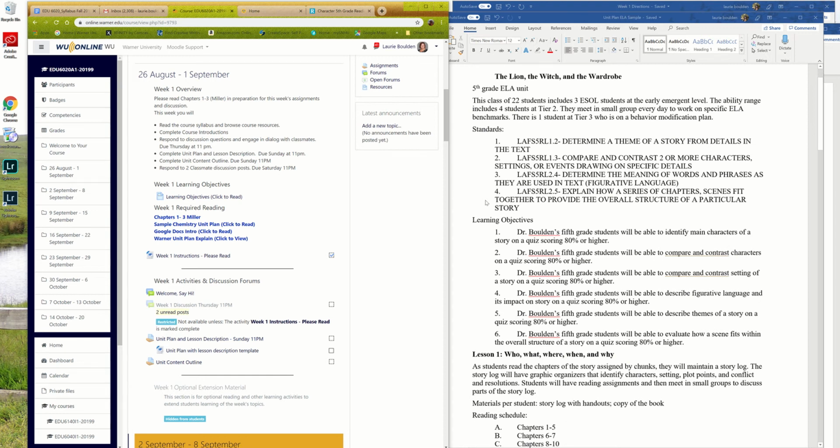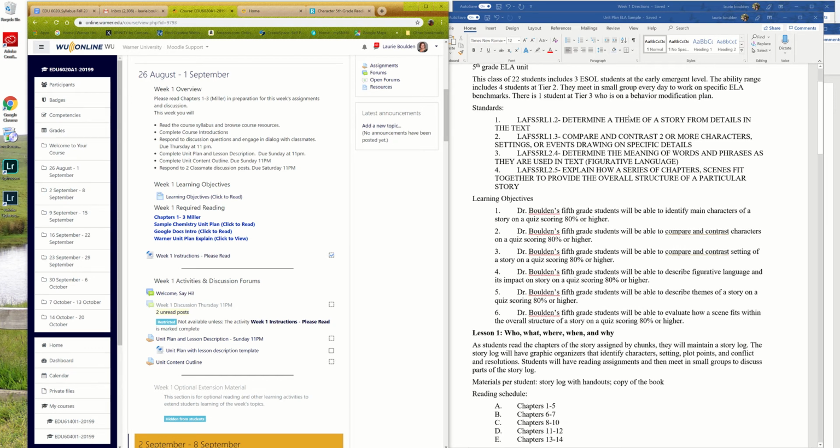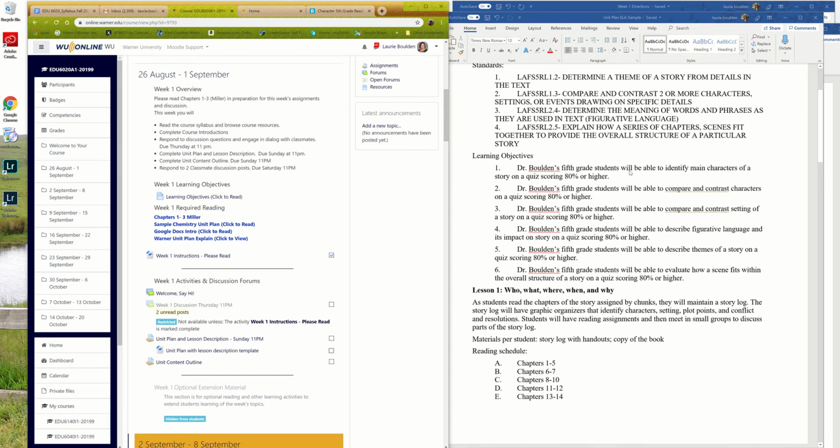I've chosen 4 standards for this unit, having to do with determining the theme, comparing and contrasting characters, settings, and events, determining the meaning of words and phrases, and then explaining how the series of scenes fit together in the overall story. Okay, so from those 4, I've written 6 learning objectives.